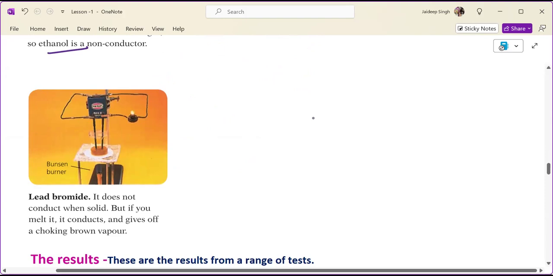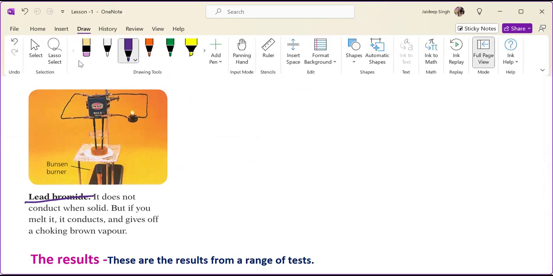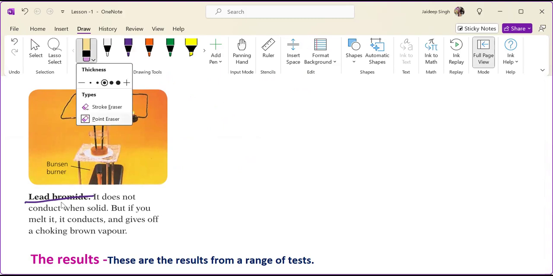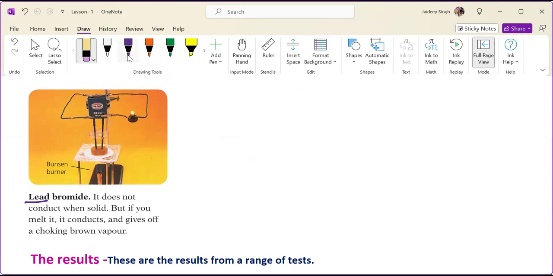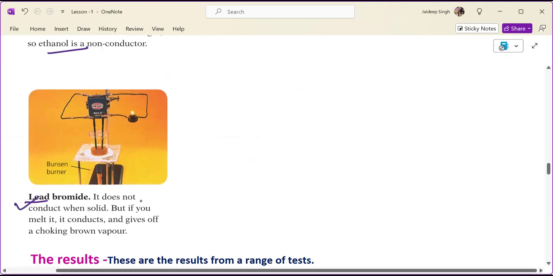Next, let's test whether lead bromide is a good conductor of electricity or not. Lead bromide does not conduct when it is solid, although when we take lead bromide in the molten state, it is a good conductor of electricity.